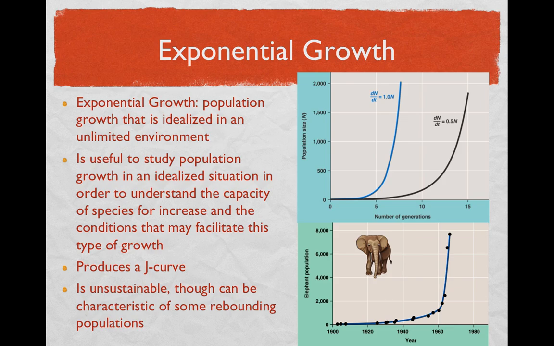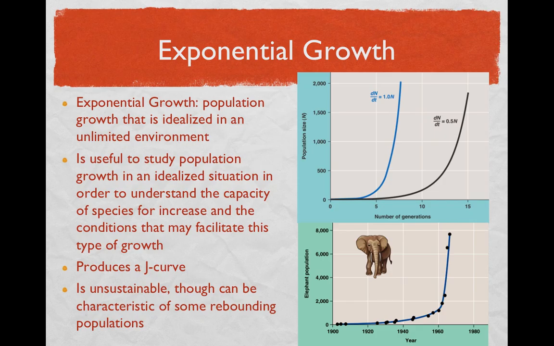And so we can start differentiating between exponential growth and logistic. Exponential growth, we've got populations that are in their ideal conditions. So they're not limited by any sort of resource. Predation's not a problem. Disease isn't an issue.